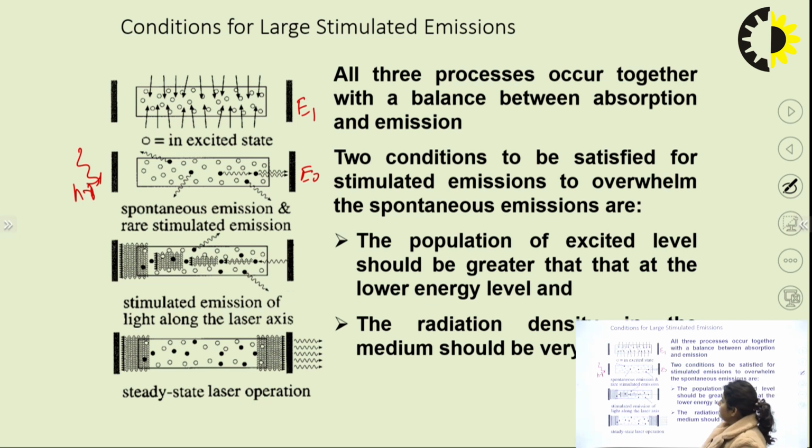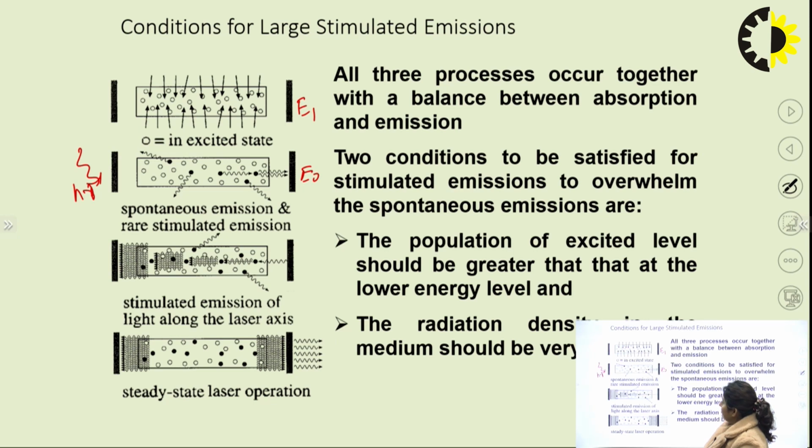So there will be more electrons in the high energy level. The electrons can fall down spontaneously on their own, or by stimulated emission, by having a photon incident on the higher energy level to make it jump to the lower energy level.